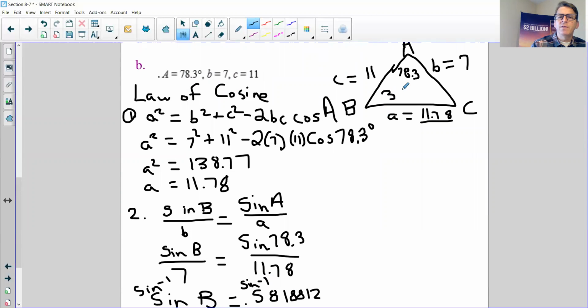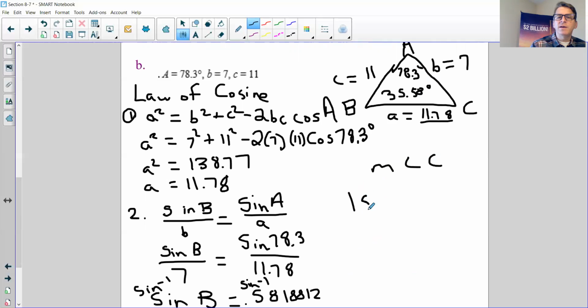And now we know two angles. So to find angle C, we're going to take the two angles we found, add 78.3 to 35.58, and subtract that number from 180.